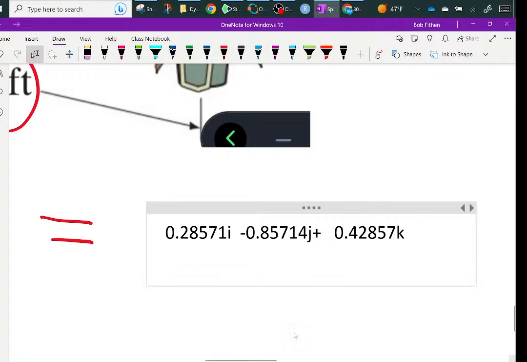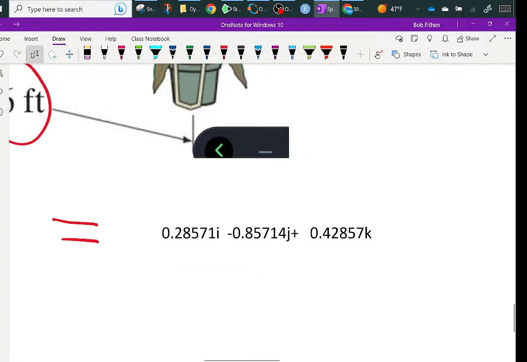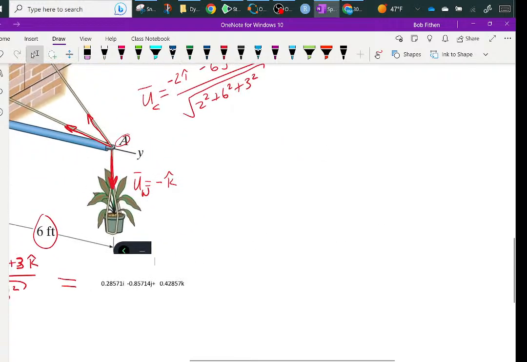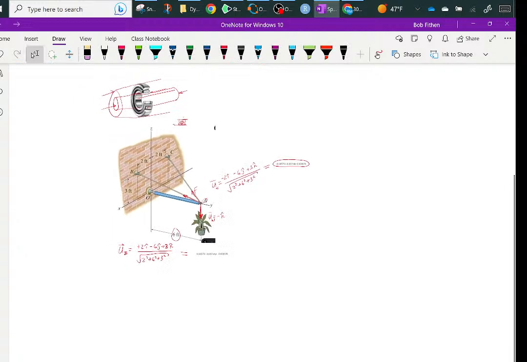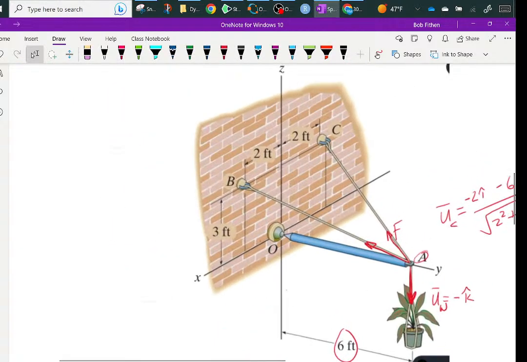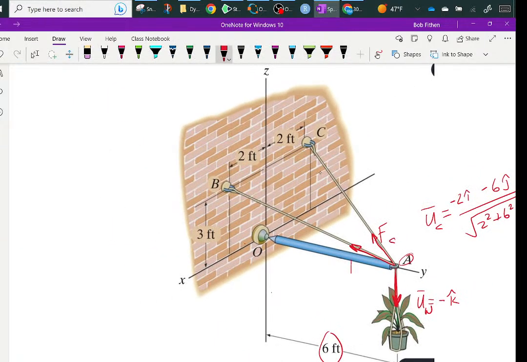But I think the key here is that if I set these up, I'm going to call this F. FC and FB.